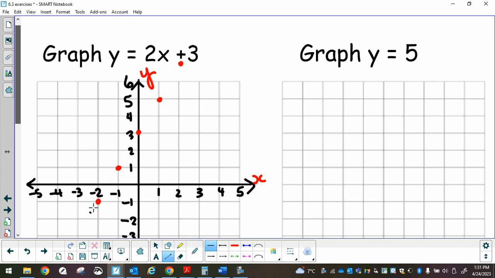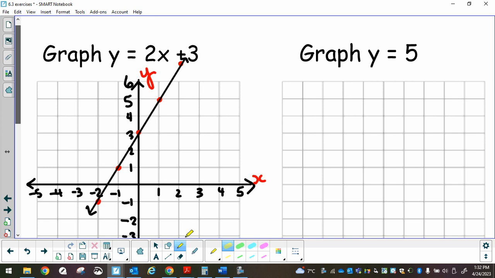Once you have your 5 points drawn, you can connect the dots with a line, and you should put arrows on the end, showing that it continues in both directions. There you have it, y equals 2x plus 3.